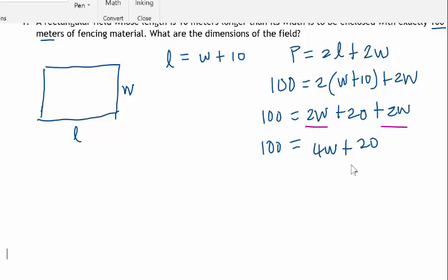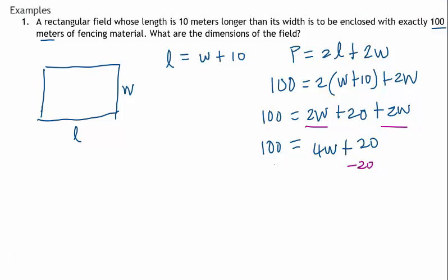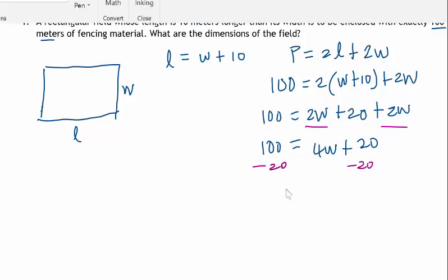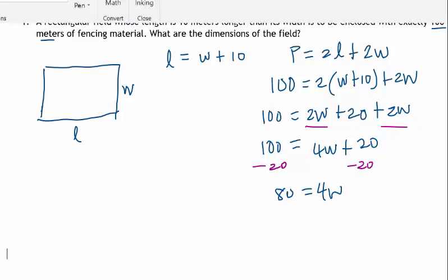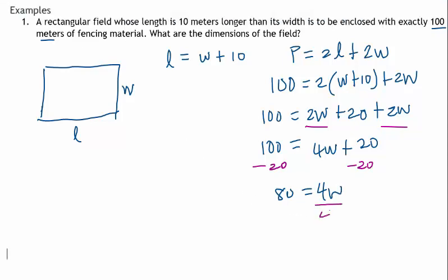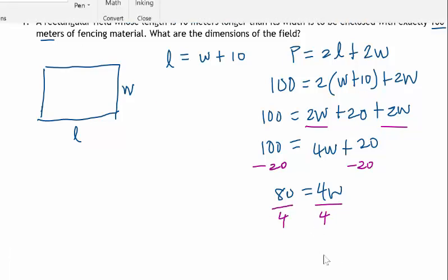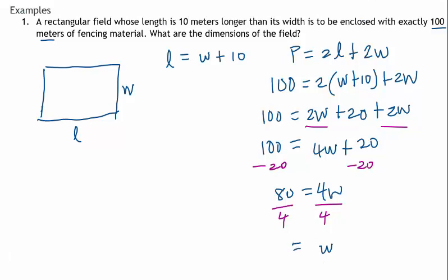Subtract 20 from each side. That gives us 80 equals 4W, and then lastly, divide by 4. So W is 20.